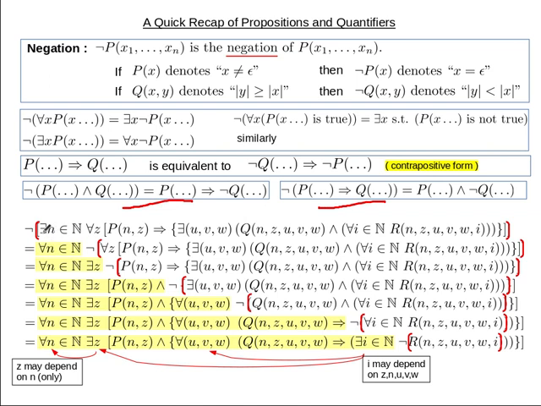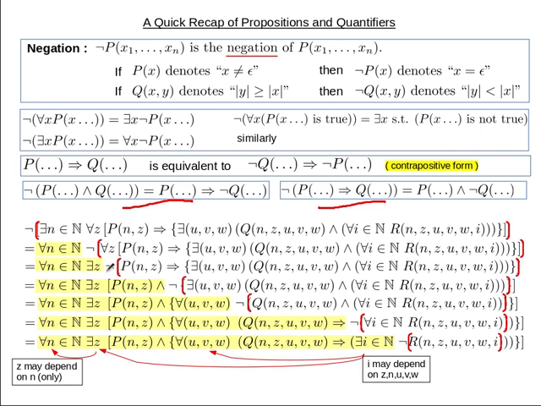So if I have this sort of proposition, what will be the negation of that? I can push this negation inside like this and make this for all, and then push it further and this for all becomes there exists.